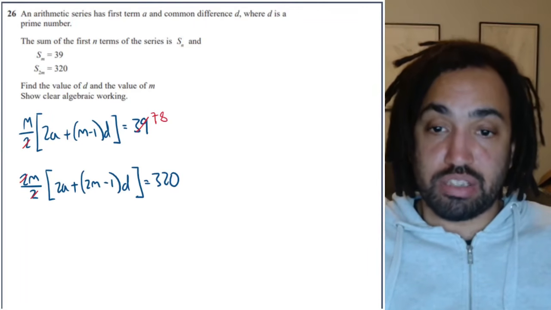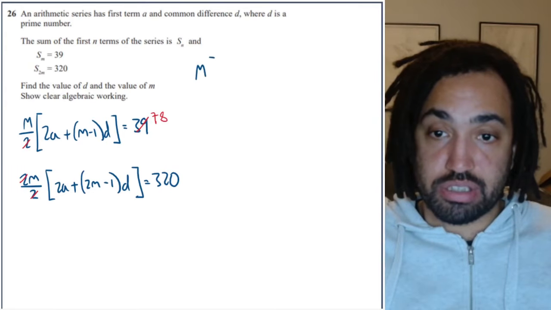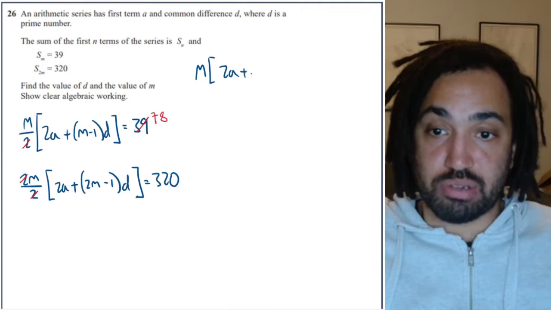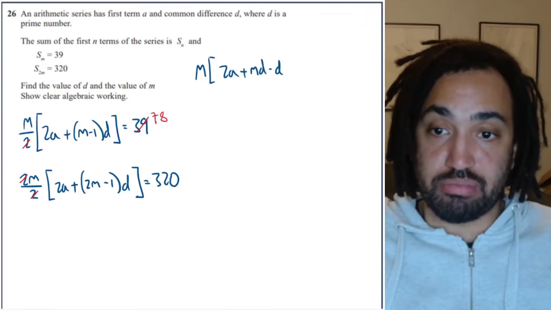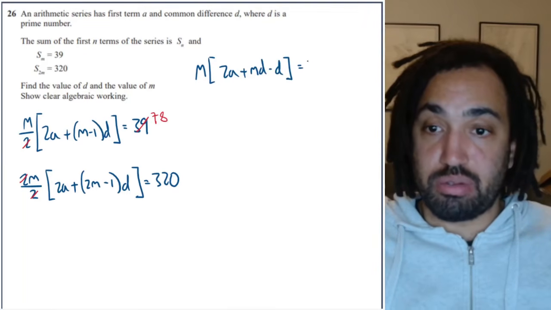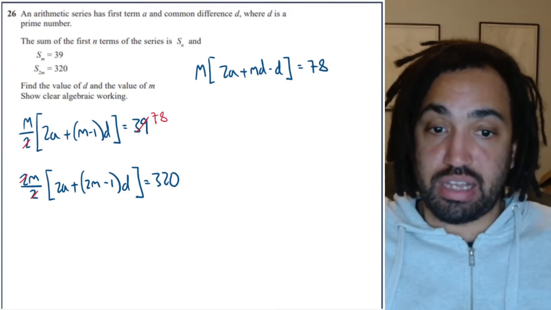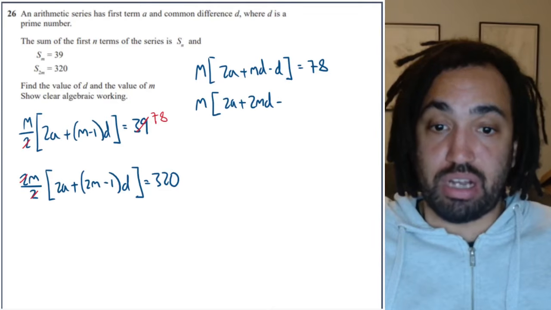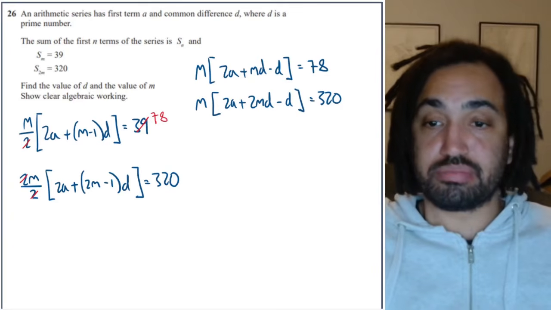And let's write it out again, but let's remove the brackets inside the bracket. So I get md minus d equals 78, and over here I get m, and I get 2a, and I get plus 2md minus d equals 320.